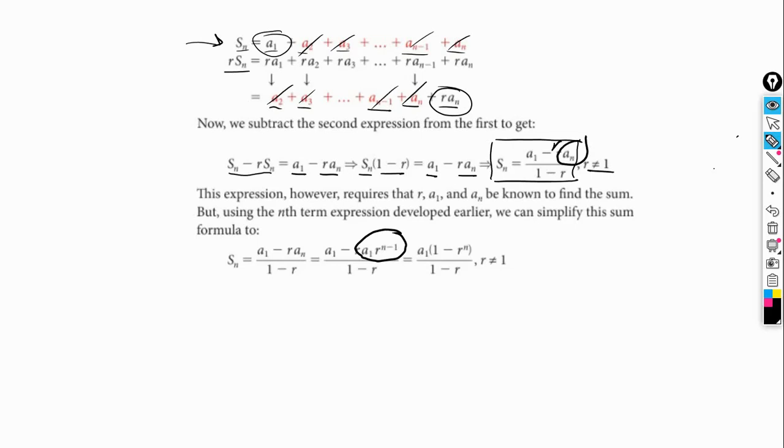So notice that we can rewrite this as a sub 1 minus, and notice that if we have r times r to the power of n minus 1, this is simply going to be equal to r to the n, because this is like having a 1, and if we add the exponents, we end up with r to the n. So this is the same as a sub 1 minus a sub 1 r to the n. And then we take out a common factor, and we finally arrive at the formula for the sum of n terms in a geometric sequence.